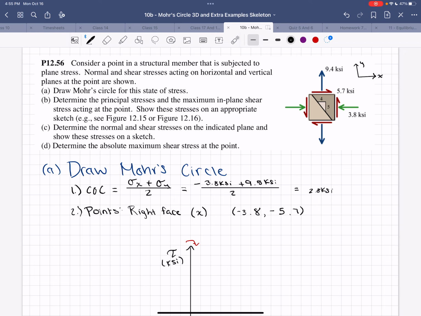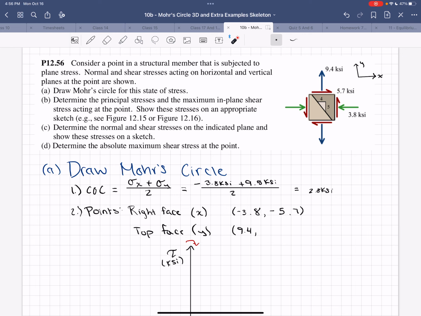Then let's also look at the top face. That's in the y direction. That's 90 degrees away from the x face, so it'll be 180 degrees away on Mohr's circle. The normal stress is 9.4, and the shear stress is 5.7, and it'll go clockwise.